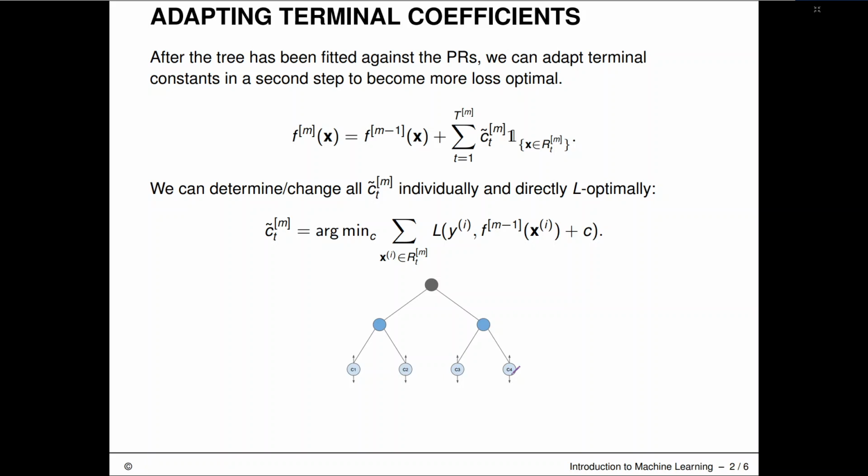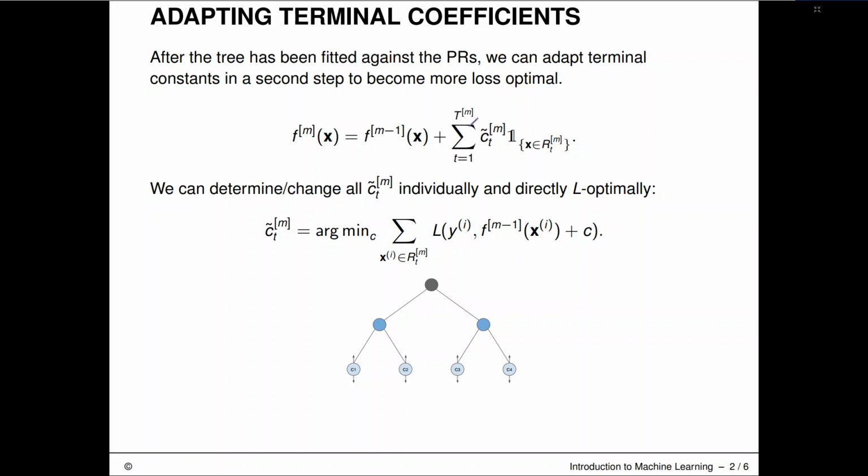Remember that these heights are not really chosen in a completely loss optimal manner when we fit against the vector of pseudo-residuals with L2 loss. So there's kind of an approximation going on here, and there might be room for improvement.